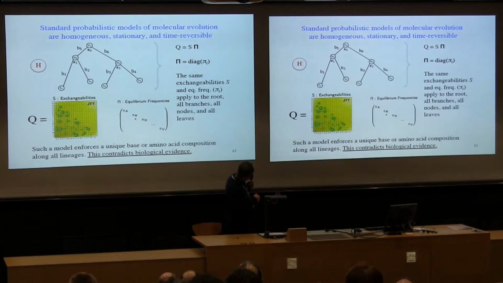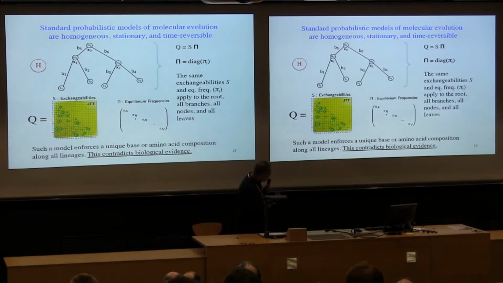The branches of the tree represent evolutionary lineages where molecules vary in sequence with evolutionary time. And the modeling of this process uses a matrix Q, which gives the probability that each amino acid gets transformed into another amino acid along the branch.